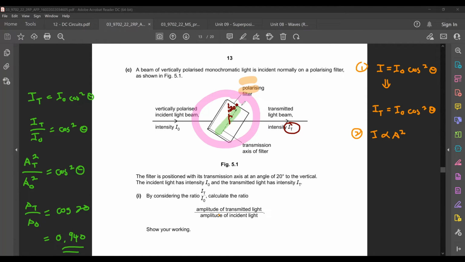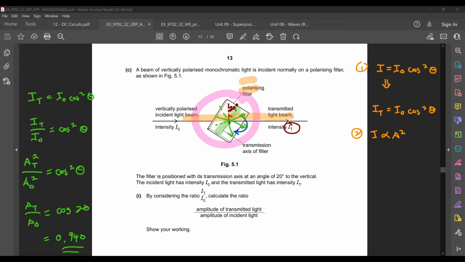Right now, what they mention is that you want to rotate your polarizing filter about this beam of light here. So your transmission axis will start to tilt, maybe like this, to like this, to like this.